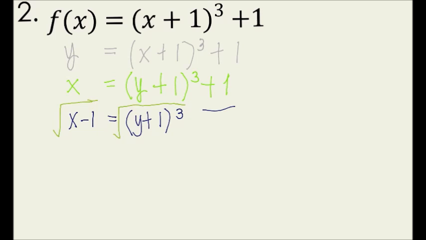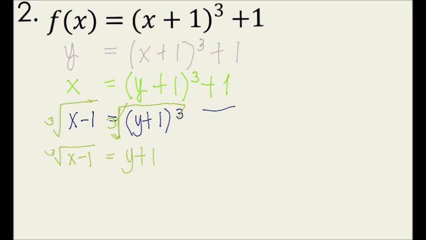So if we're going to take the cube root of the right side of our equation, that cancels that, and we will have y plus 1 here. And on the left side, we will have the cube root of x minus 1.